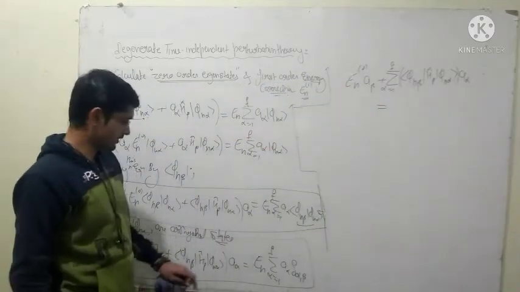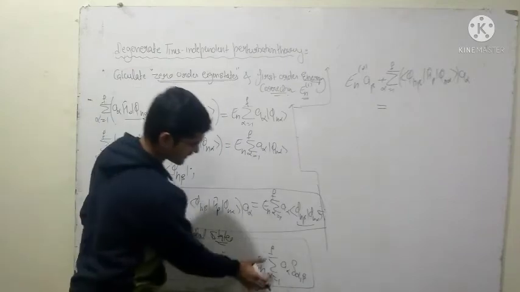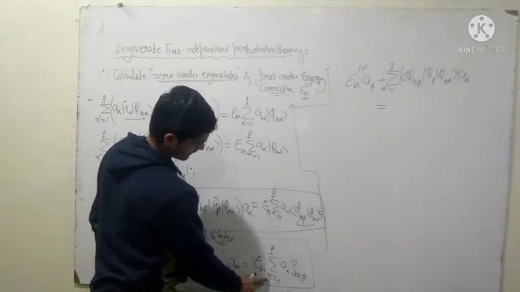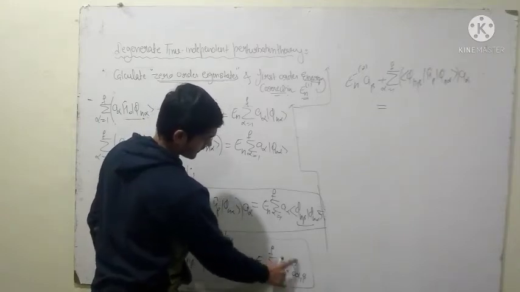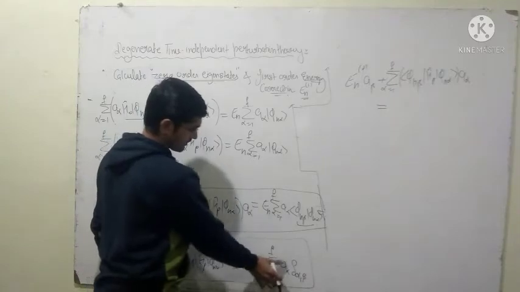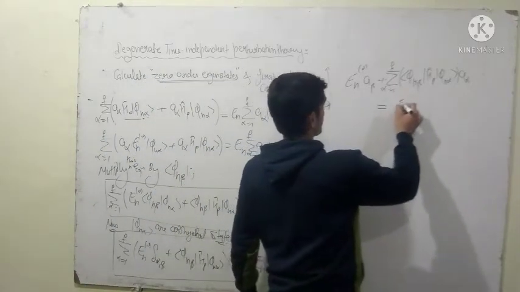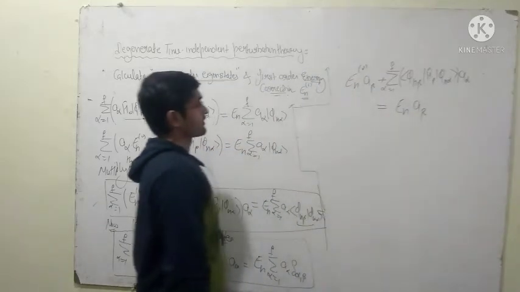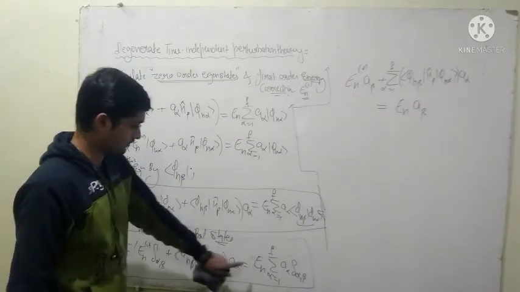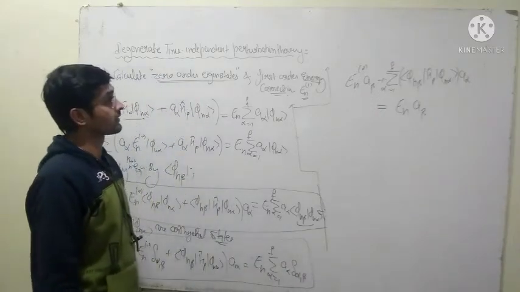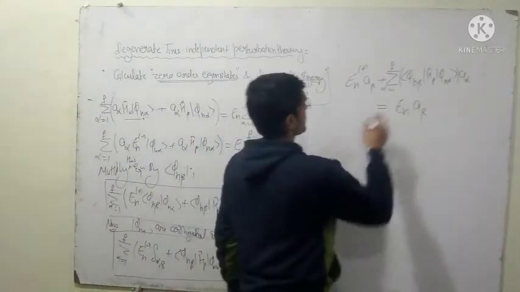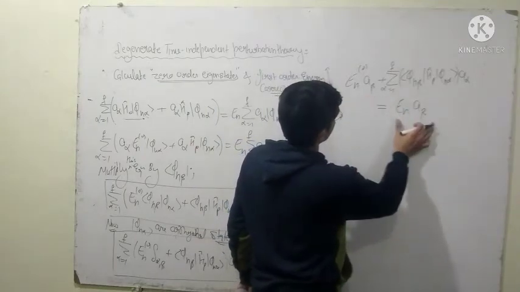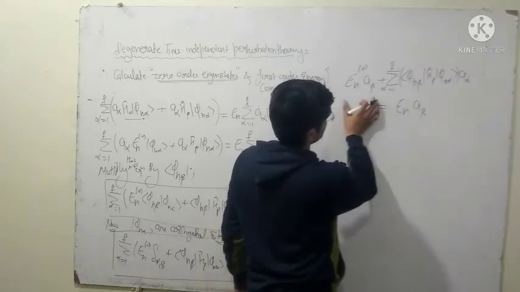On the right hand side, when you sum up all these values, the only value that survives is when alpha is equal to beta. For other values, this delta will be 0. So on the right hand side it will be E n a beta. You have to just think about why it is so; it is a very simple argument. Now you can take this value to the other side.